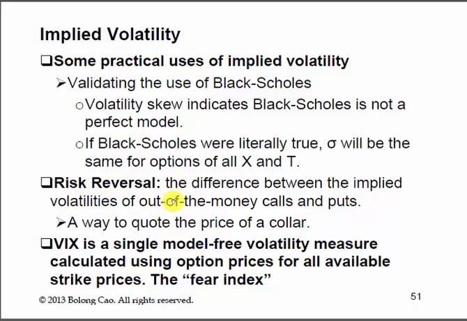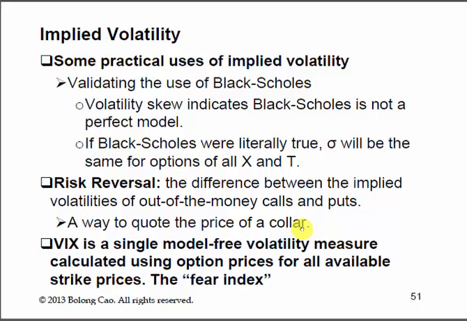Risk reversal is the difference between the implied volatilities of out-of-the-money calls and puts. Both calls and puts are out of the money, but on two sides. Why do we care about out-of-the-money calls and puts? Because it's a way to formulate a collar.